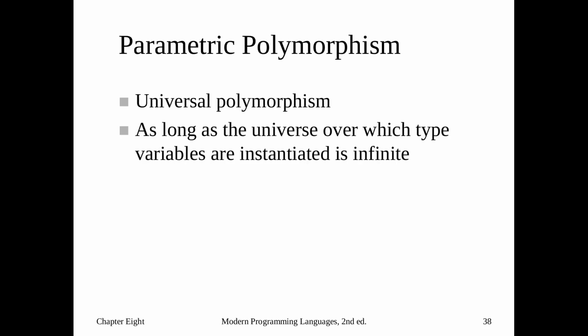Parametric polymorphism is universal polymorphism as long as the universe over which type variables are instantiated is infinite. Which I would say is not true unless we are considering all the future possible types that can be created, for example, in object-oriented systems.